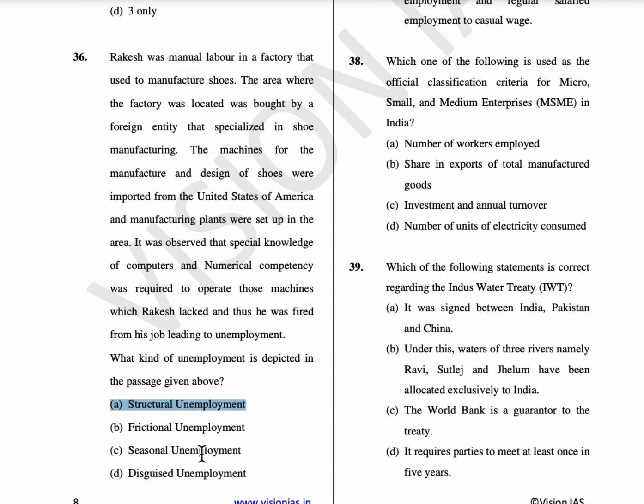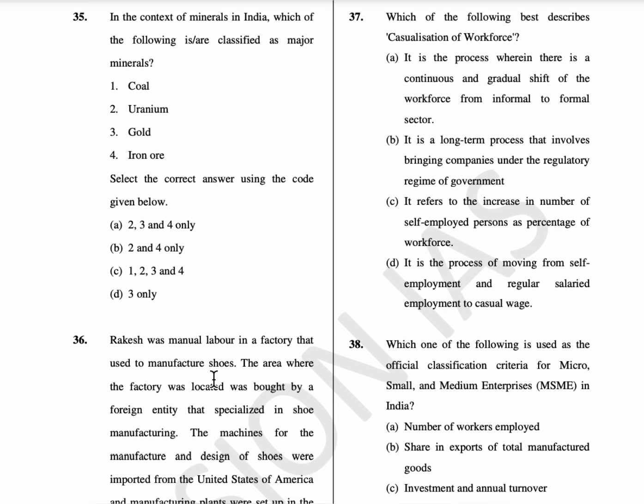If people are unemployed at particular times of the year, it is called seasonal unemployment. Coming to disguised unemployment, it occurs when productivity is low and too many workers are working to fill very few jobs. So here option A is the correct answer. 37th question, which of the following best describes casualization of workforce?